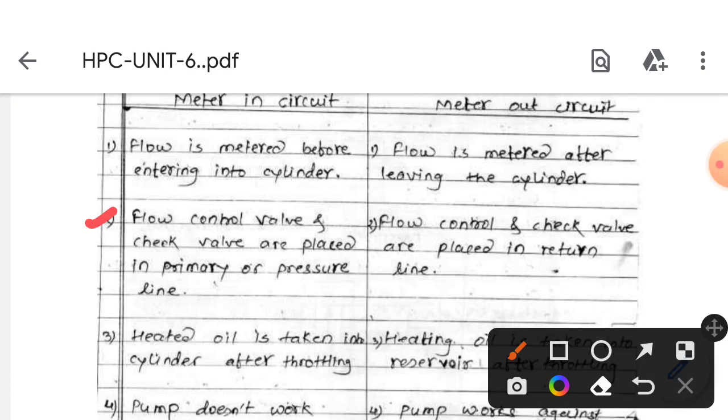In a meter in circuit, the flow control valve and check valve are placed in the primary or pressure line. In a meter out circuit, the flow control valve and check valve are placed in the return line.